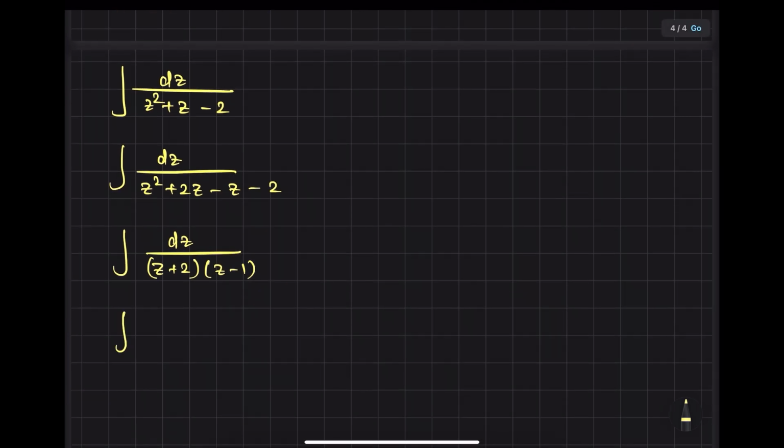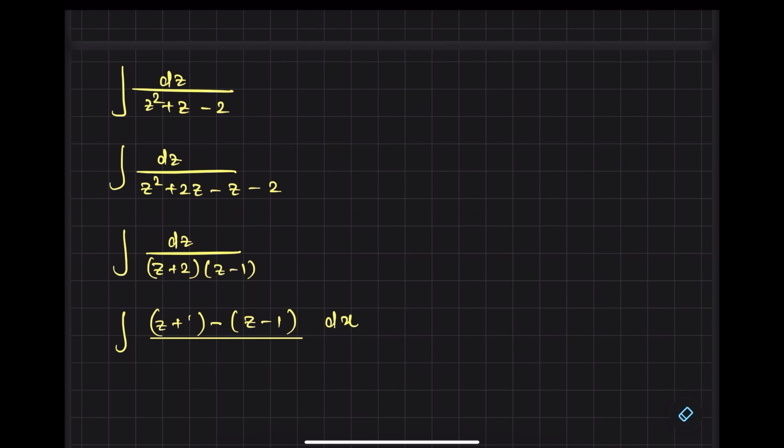So can I write this thing as big minus small? So z plus 2 minus z minus 1. If it is linear or quadratic, you can do this if it is possible, and you should make sure that the numerator has only a constant, not another variable, then it is possible.